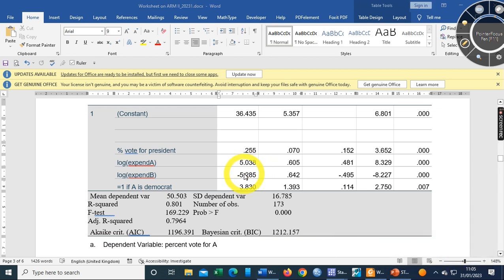In the second case, expenditure made by Party B, when Party B increases its campaign expenditure by 1%, percent vote for A decreases by 0.05.